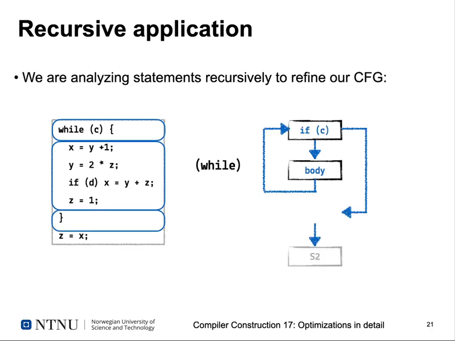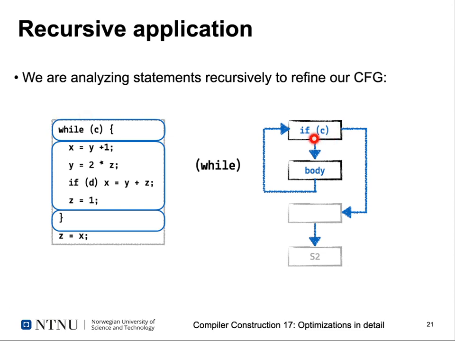When we look inside of our while loop, now we have to add the recursive construction of our loop. So now we can dig deeper into our while loop and we can recursively construct the control flow graph representing our while loop as we've seen before. We split our while loop into the part actually checking the condition, which makes our first basic block.